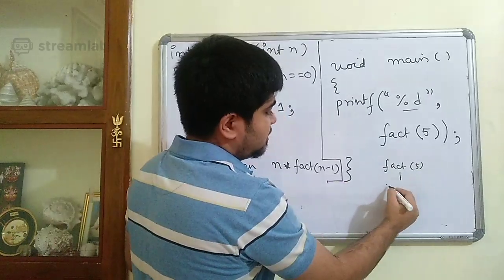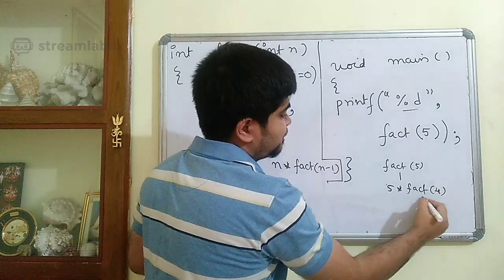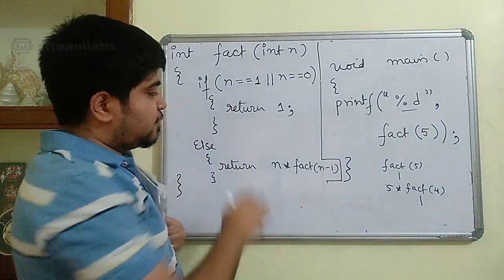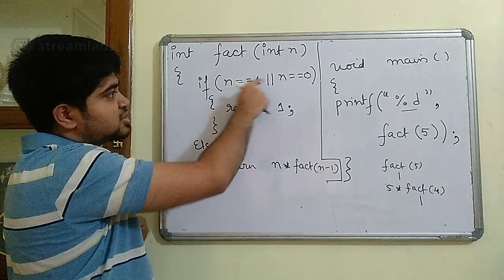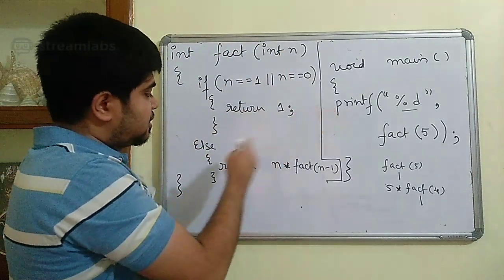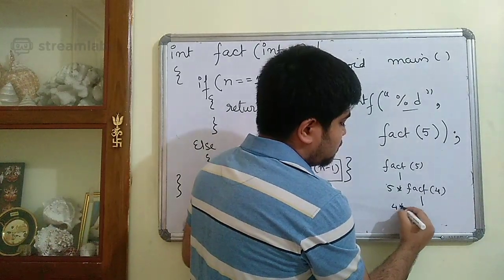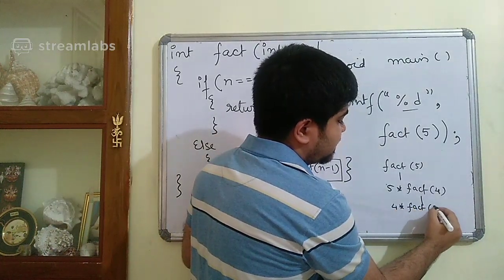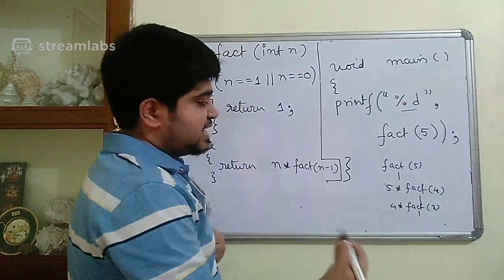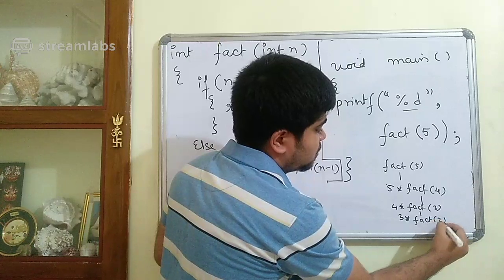What it will return? 5 into fact of 4. So this fact of 4 is again called. 4 is not equal to 1, is not equal to 0. So it won't return 1, it will go into else part. 4 into fact of 3. Same way, 3 into fact of 2.